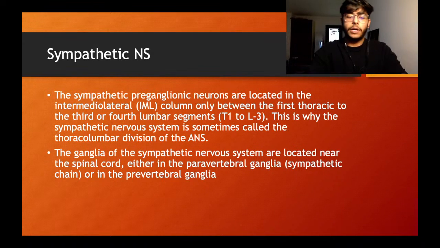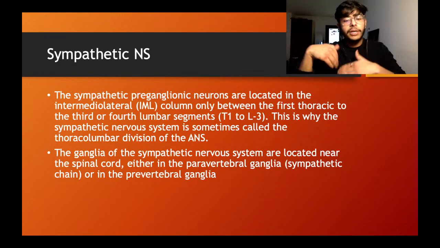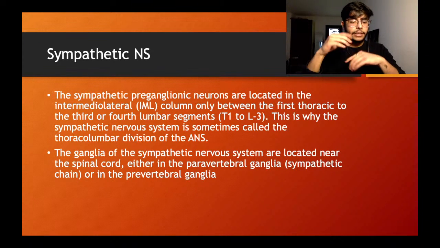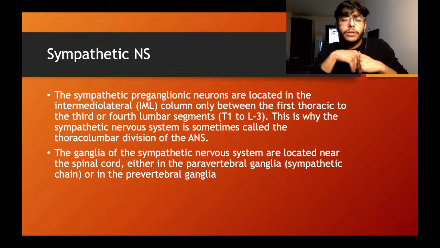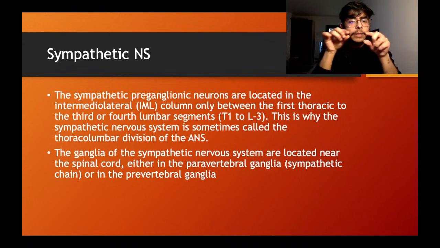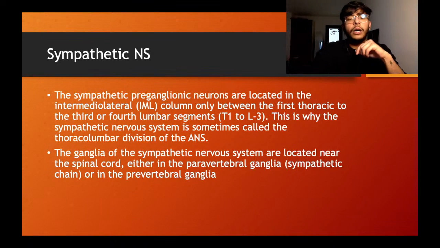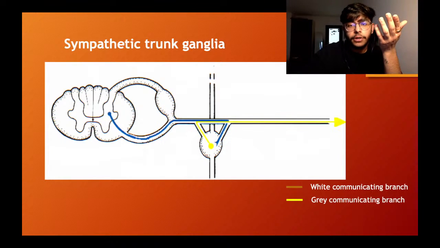The ganglions are either in the sympathetic chain or in the paravertebral or prevertebral chain, which is basically connecting interganglionic branches. There's also transmural ganglia, wherein the ganglia are located inside the wall of an organ. So these are the different types of connections that the sympathetic trunk can have.